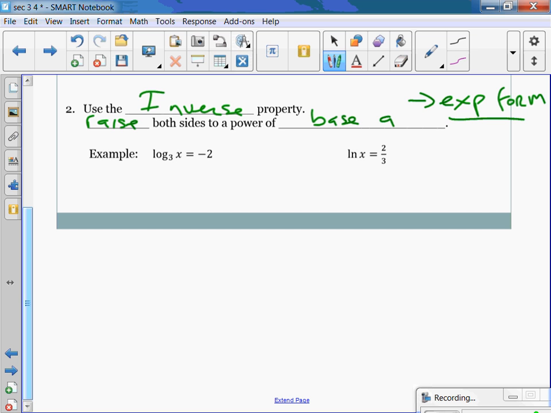So what power would I want to raise it to? I want to have something raised to the power of log base 3 of x. So where's that base I want to use? I want to raise everything, I want to use my base.